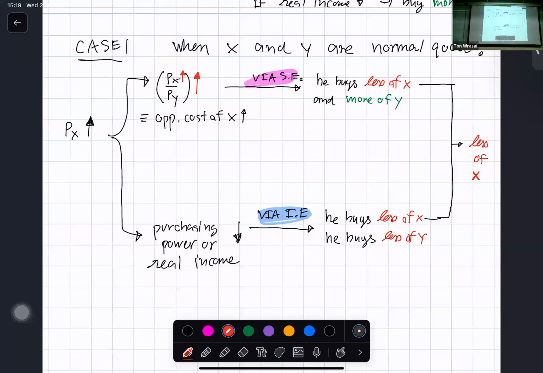How about good Y? Good Y. What is the net outcome then? What would be the conclusion on good Y?